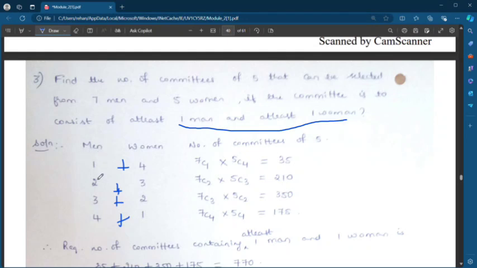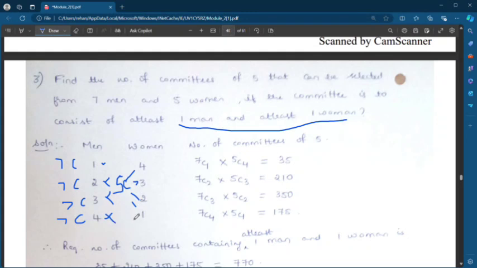Okay, if I am considering one man, 7C1, 7C2, 7C3, 7C4. Same way, 5C4, 5C3, 5C2, 5C1. These will be multiplied.